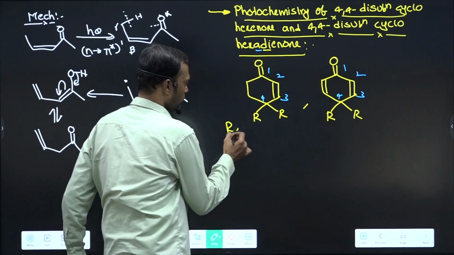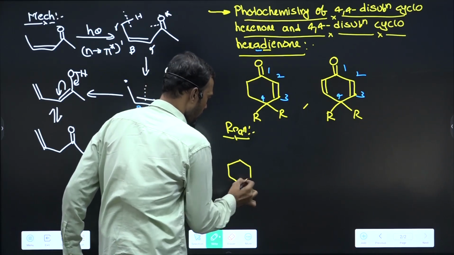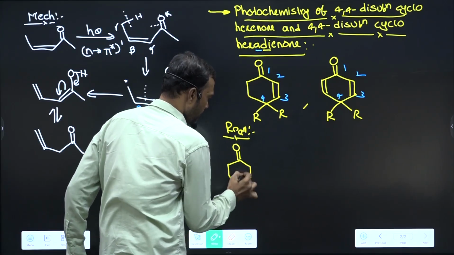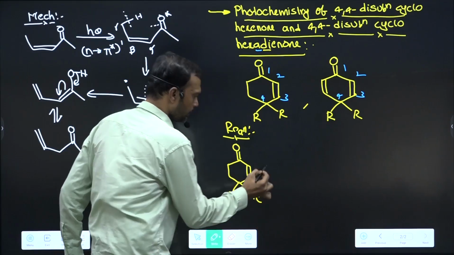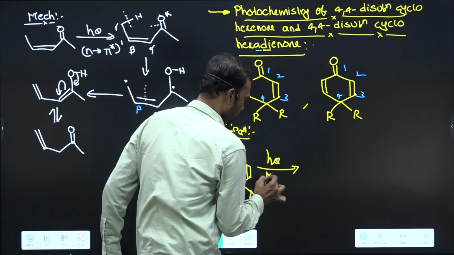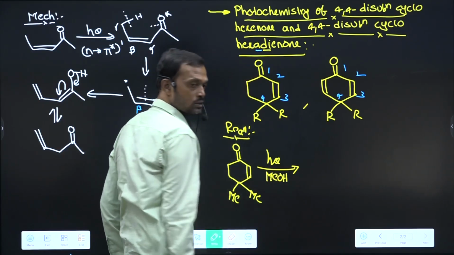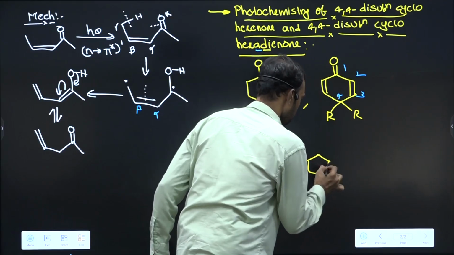So, see the reaction. Here I am writing two alkyl groups. Here it is methyl and here I am writing methyl. Photochemical. Mostly alcohols and ethers are the solvents in this one. Now you will get this answer.